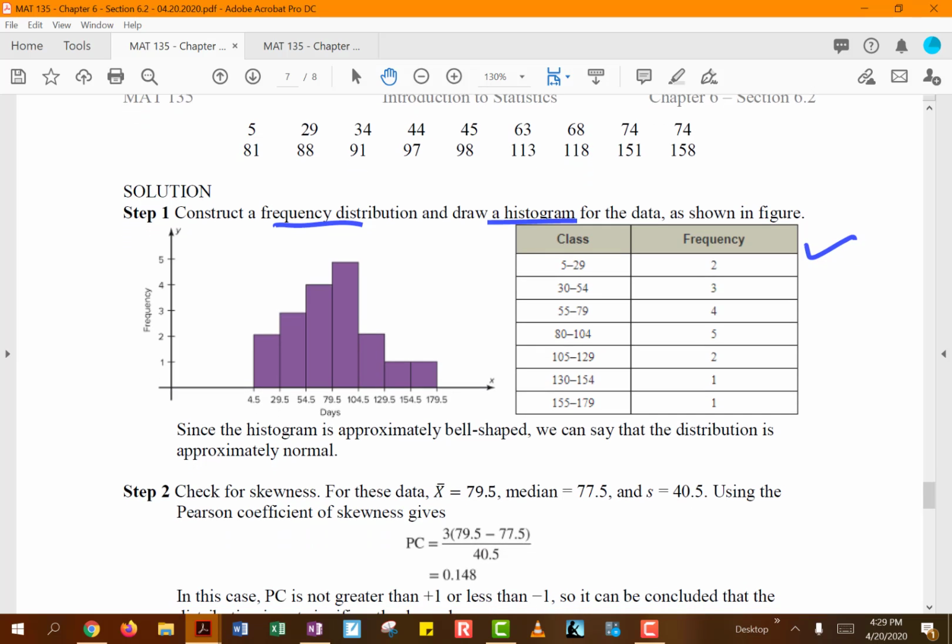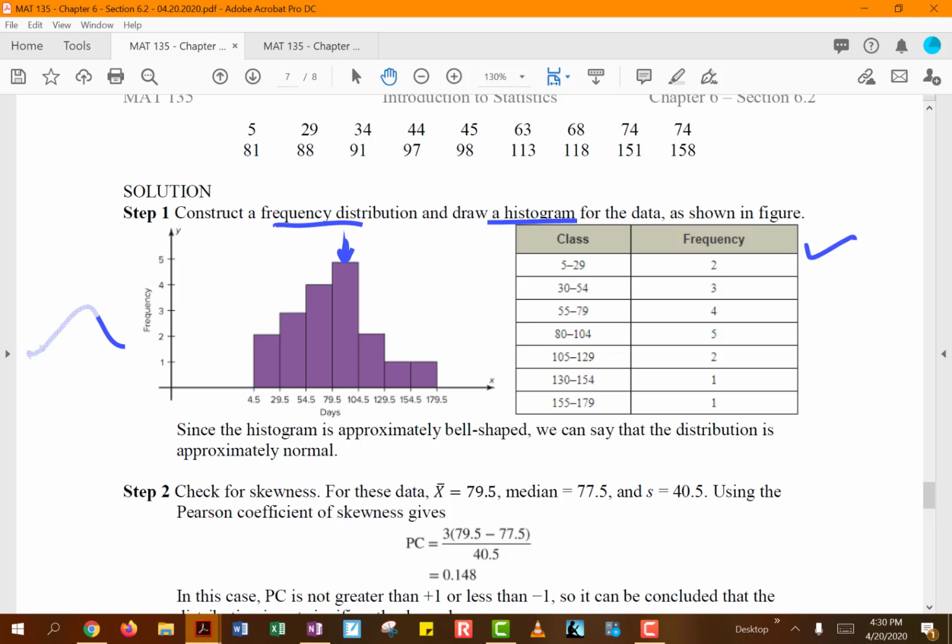Now, even though this may not look like a bell-shaped curve, kind of like our normal distribution, you can see we have one peak which is in the center of our histogram over here, and then it's tapering a little bit to the right and it's tapering a little bit to the left.